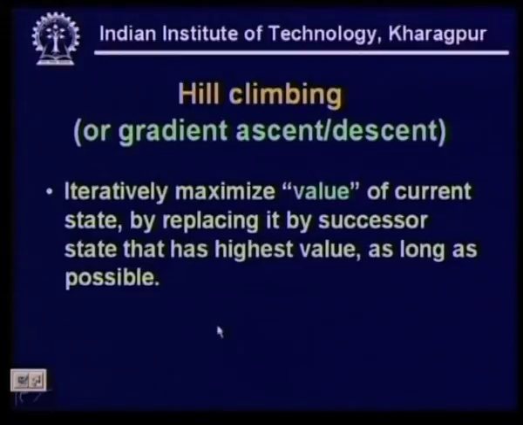So we start with an arbitrary configuration and we move to a new configuration where the number of conflicts is reduced. We find the different neighbors of the current configuration and we move to the neighbor which has the minimum number of conflicts, the neighbor which is best. That is why it is called hill climbing. We go to the best neighbor and continue until we get to a state where all the neighbors are worse than this state.